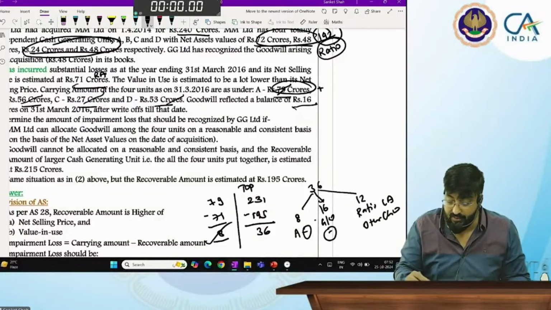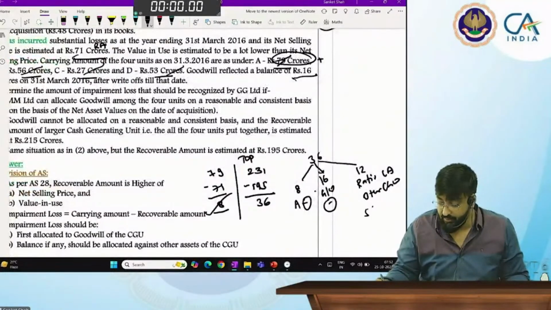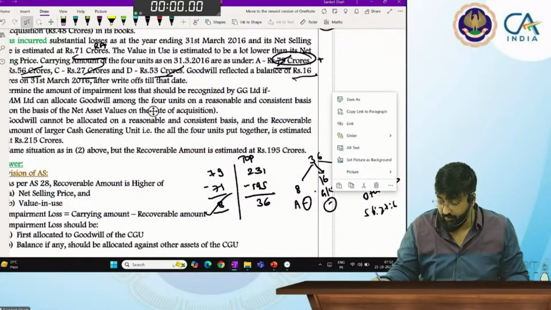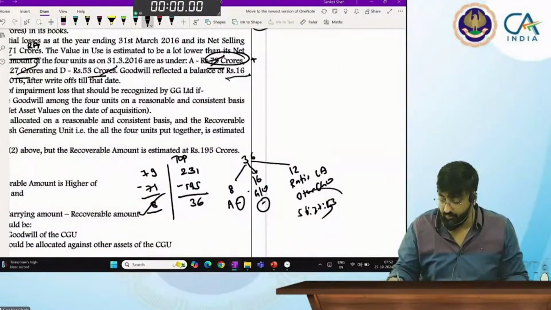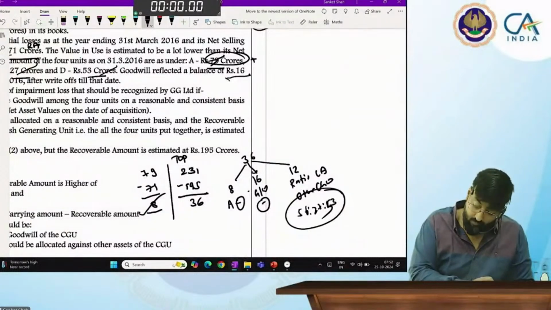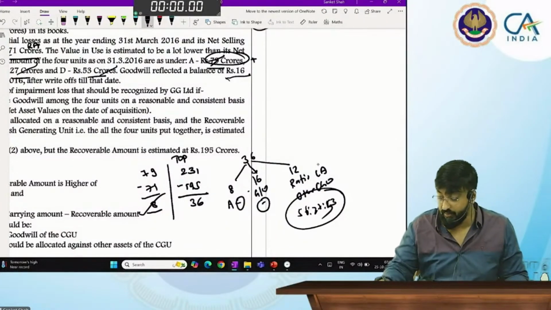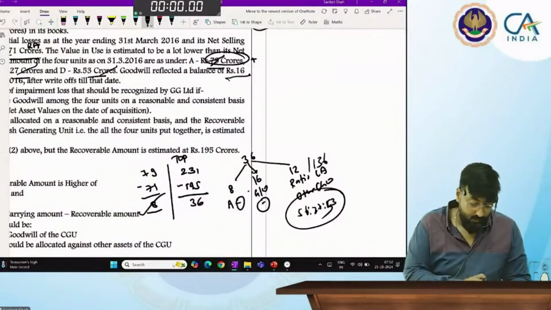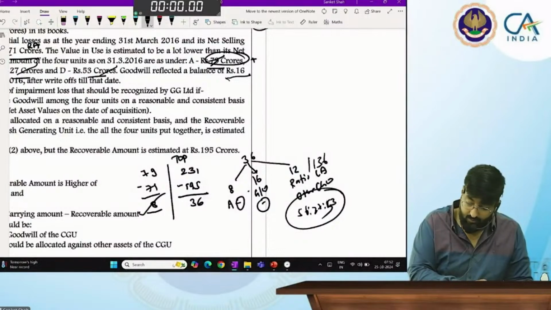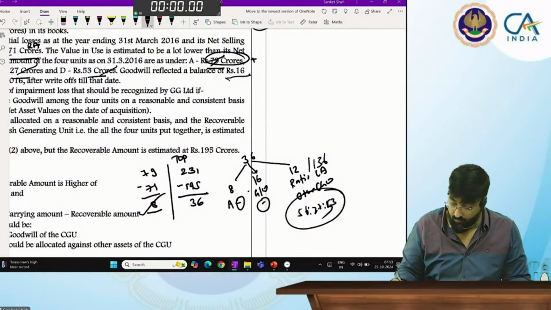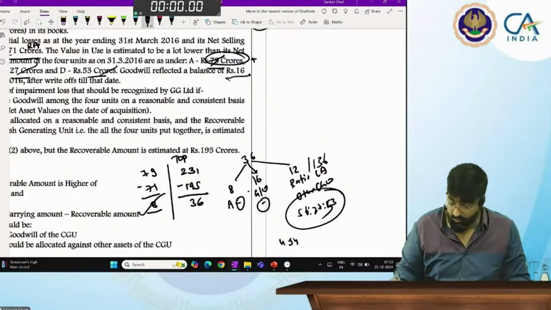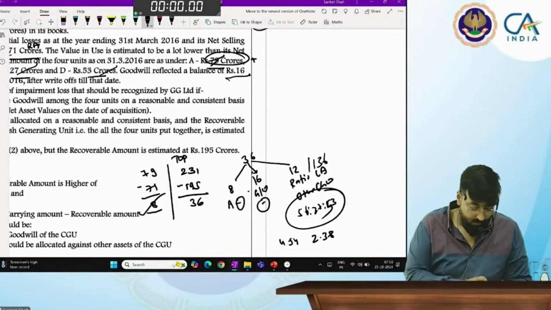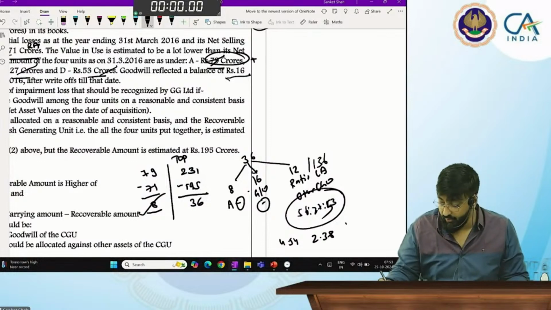Other CGU means B, C, D: 56, 27, 53, total 136. 12 divided by 136 into 56 is equal to 4.94, 27 is equal to 2.38 and 53 is equal to 4.68.